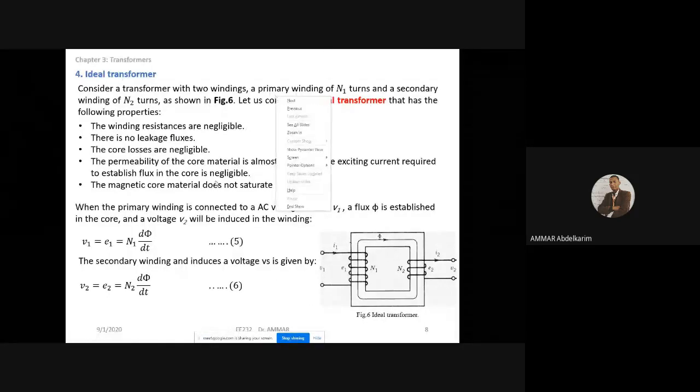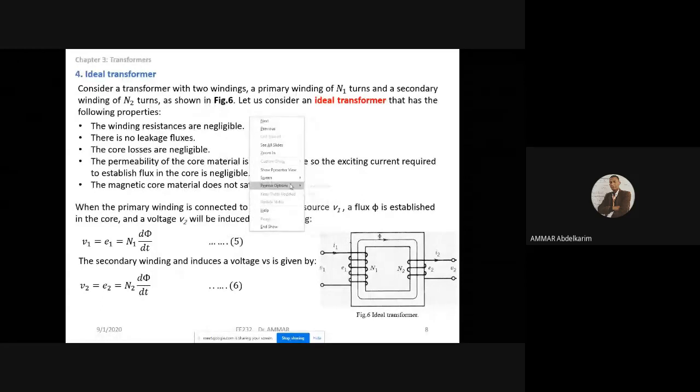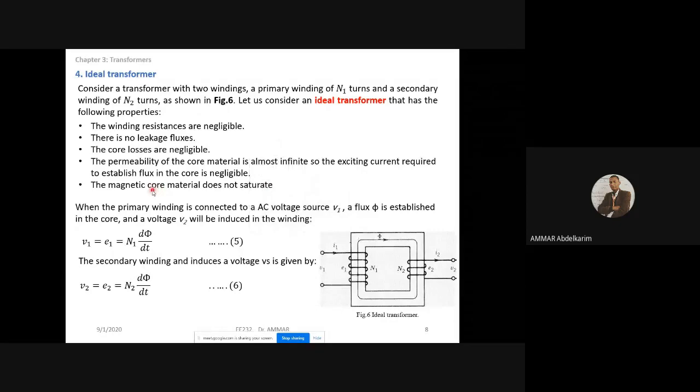And also the magnetic core material doesn't saturate. You have seen before the magnetizing curve. So the saturation point here is not considered. Those materials do not saturate. We call these assumptions idealizations. They are not real. In reality, we don't have this. Maybe in some cases, if we use specific materials, but in general, we don't.